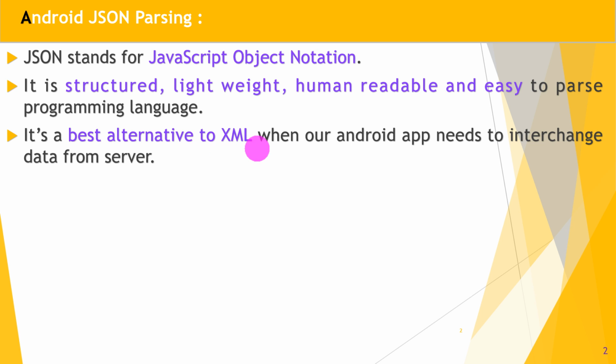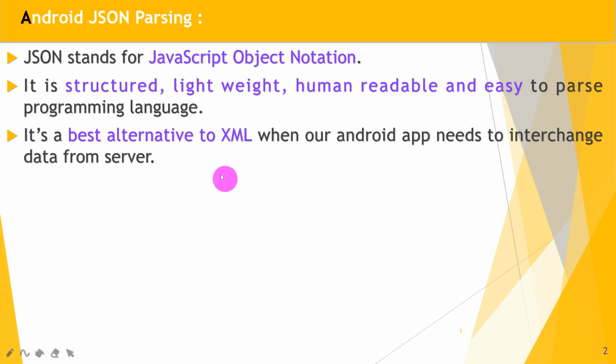When our Android app needs to interchange data with a server, the best way to exchange data between our app and the database server is JSON. It is lightweight, human readable and easy to parse.